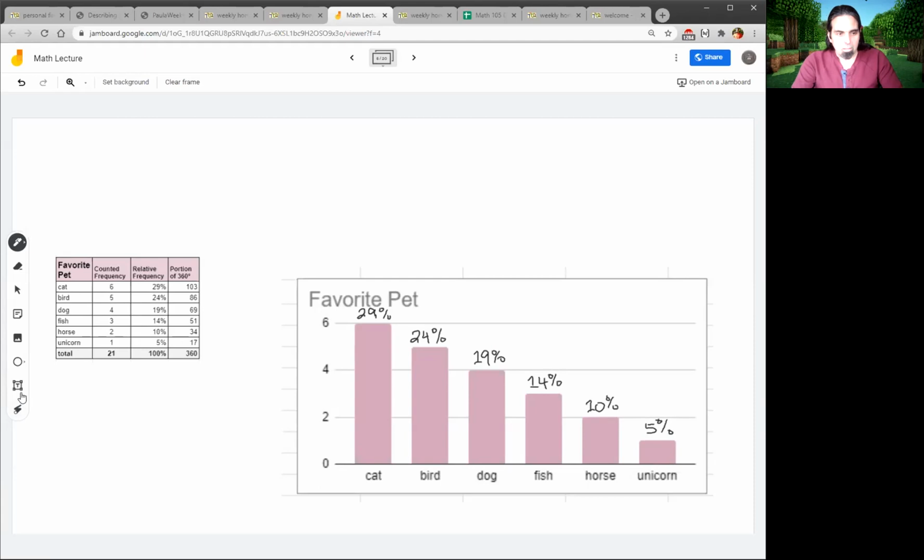Or maybe you want these relative frequencies for some other purpose. Maybe you're wondering that you didn't ask what's your favorite pet, but what pets do you actually have? And then you could ask what portion of 300 students, right? If there are 300 students, how many would vote for cat?